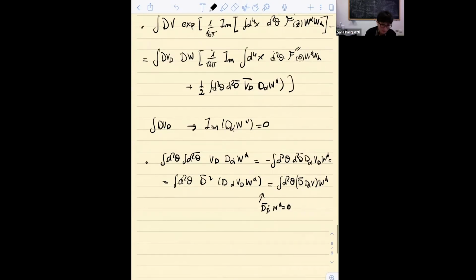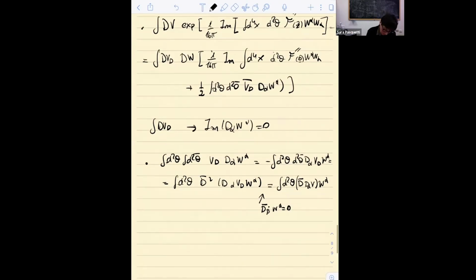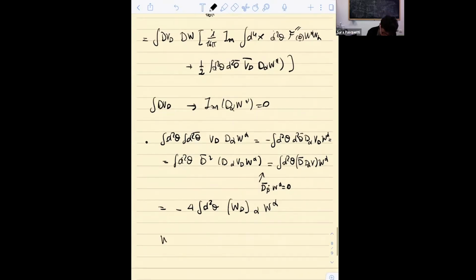So we are done, because now what we want to do is claim that this is just -4 the integral in d2 theta of V dual D alpha W alpha, with the definition of the dual field strength, obviously as -1/4 D bar square D alpha V dual, as we define the abelian field strength.